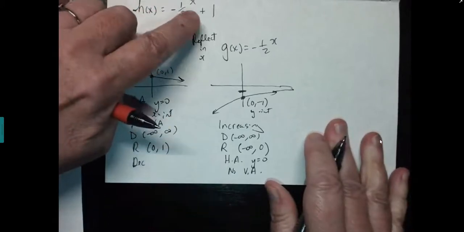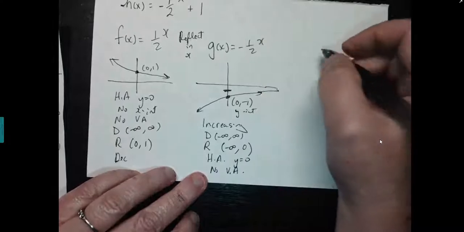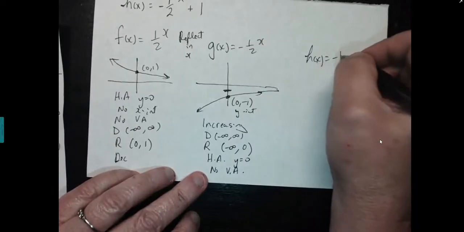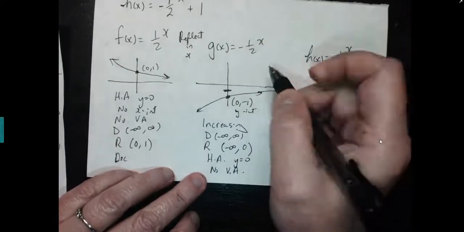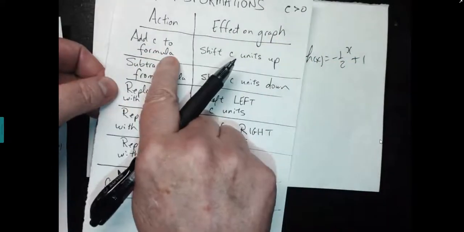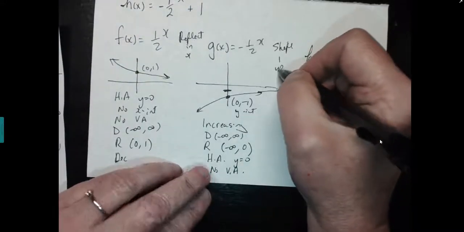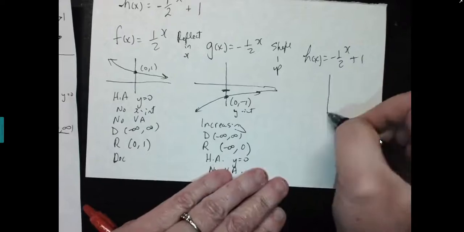Now finally, what do I do to get this guy? I change this by adding 1. What happens if you add 1 to the equation? If you add 1 to the equation, we're going to shift 1 up. So I'm going to take this and shift it 1 unit up.